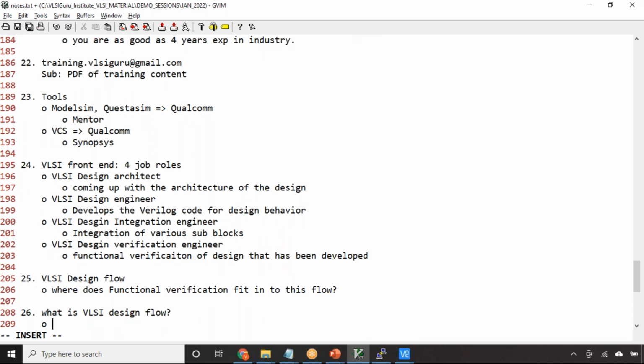Can someone tell me what is the VLSI design flow? As the name suggests, VLSI stands for very large scale integration.